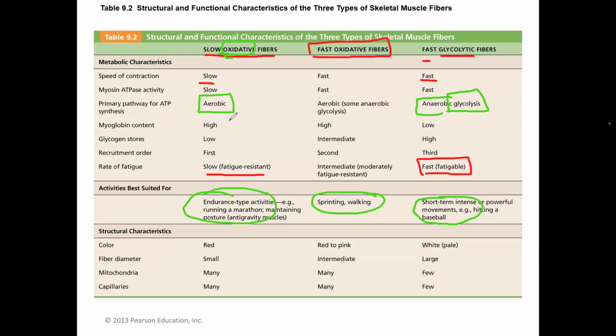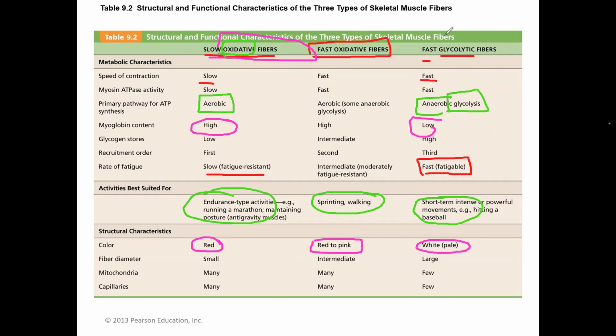So slow oxidative fibers have high amounts of myoglobin, so they look more red in color. Fast glycolytic, well, there's not much myoglobin in the muscle, so they look more white in color. And then the intermediate, well, that's going to look what? Somewhat pink, in between white and red.